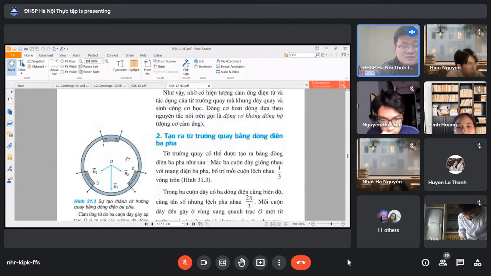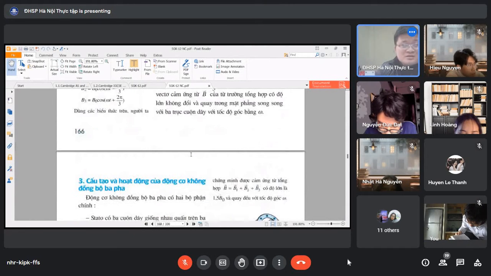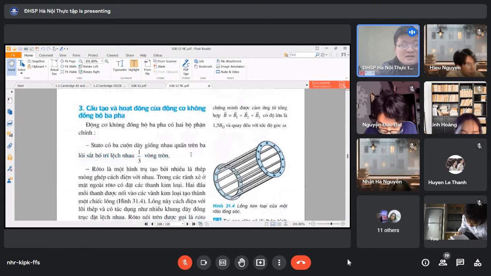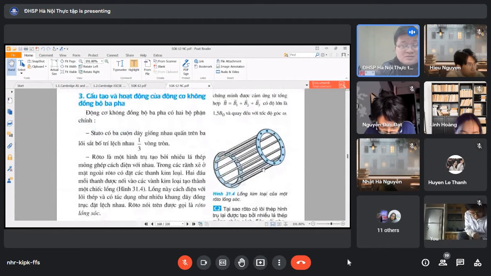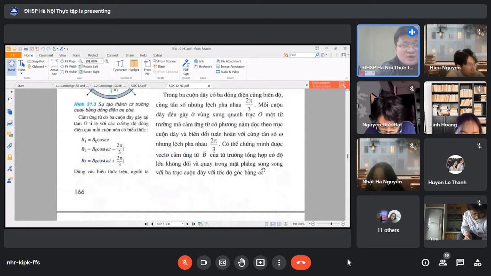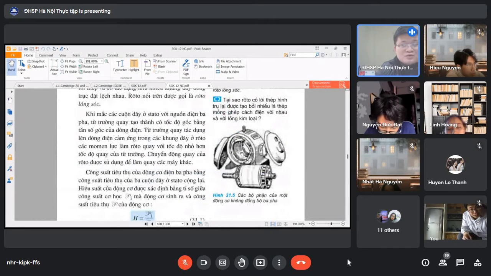In this case, we create a rotating magnetic field by using three coils with three different EMFs, and it causes a magnetic field at the point O. It is a vector B that turns, so we have a turning magnetic field, and then we have a certain coil at the point O. Under the effect of the changing magnetic field, the coil also changes accordingly.